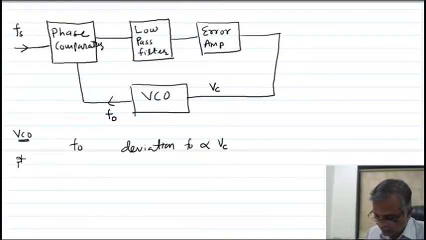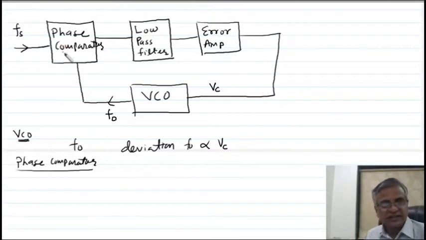Second, I want to discuss the phase comparator. Phase comparator is one kind of multiplier. Phase comparator compares the frequency and phase of the incoming frequency Fs and the frequency FO of the VCO.